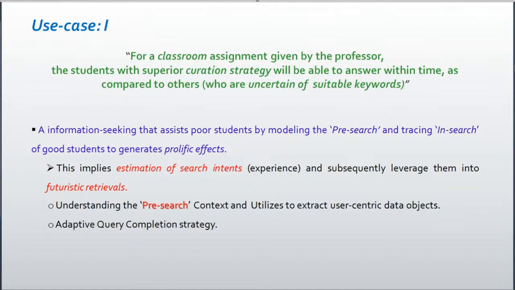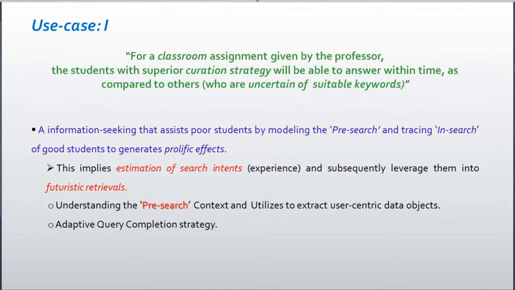Suppose a teacher asks you to solve an assignment and gives 30 minutes to find the answer to a question. If you explore the search history of each student and their completion time, you can easily understand why some students are able to answer in less time, and other students are not capable of doing it within time.